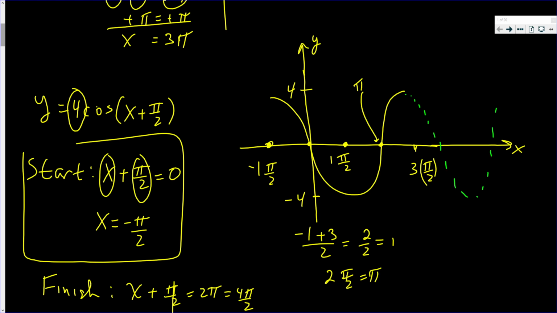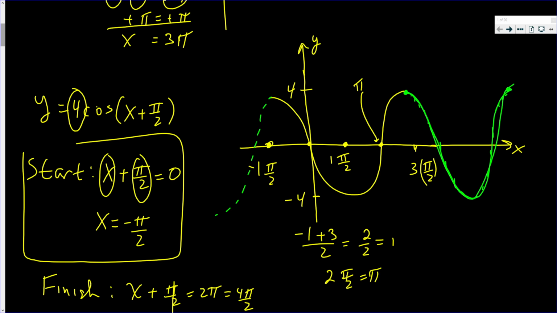Now just for the record, a classmate of yours may have drawn this one. Okay? That doesn't mean he or she is wrong. Doesn't mean you're wrong. There's an infinite number of periods. A period is a full cycle from here to here.